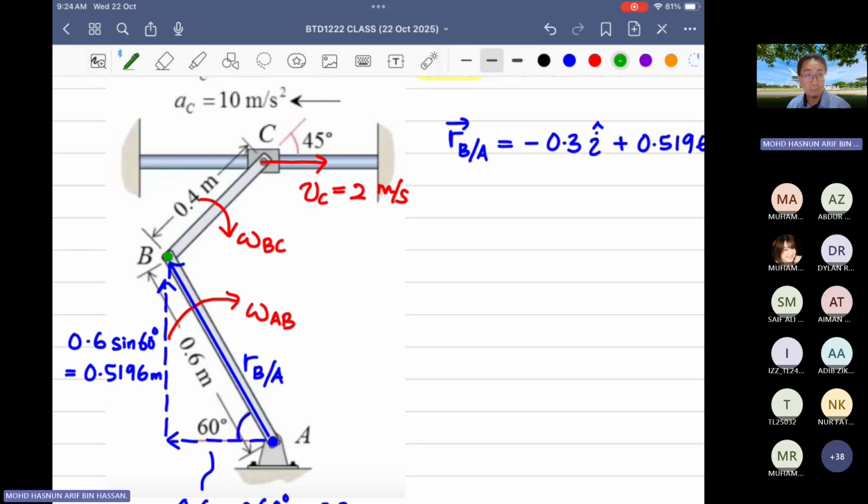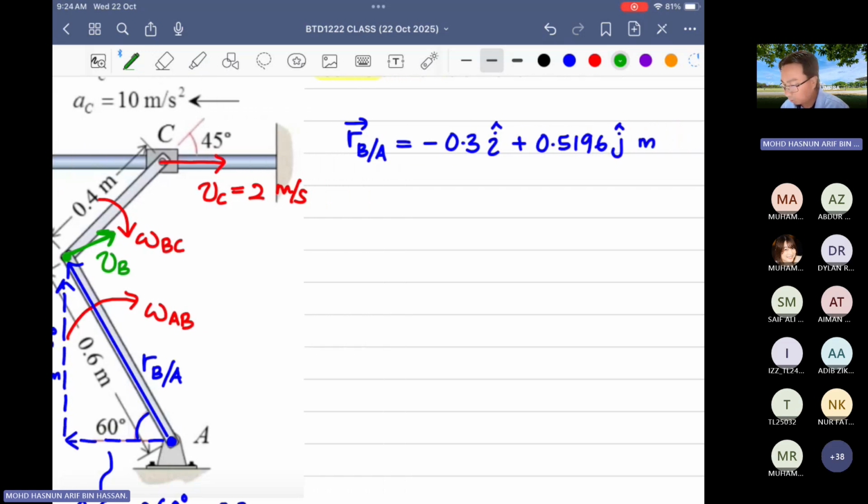So the velocity vector is tangent to the path of point B, or also 90 degrees to the position vector RB slash A. So 90 degrees will be pointing somewhere in this direction. This is VB, 90 degrees to RB slash A.